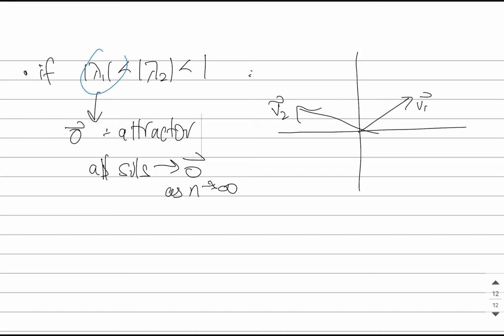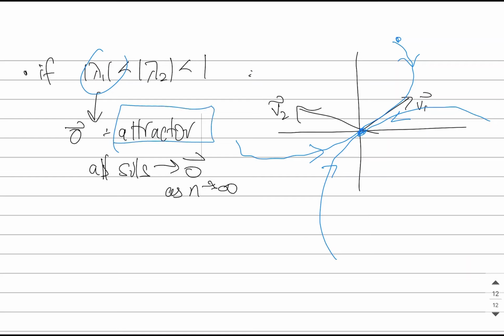If one of them is dominant, eventually solutions will come into the origin along the dominant eigenvector. Running the story in reverse, they'll come from the weaker eigenvector in toward the dominant eigenvector. So the origin is an attractor, and if the situation is reversed, then the origin is what we call a repeller.